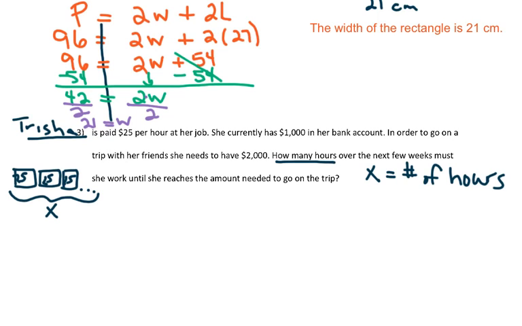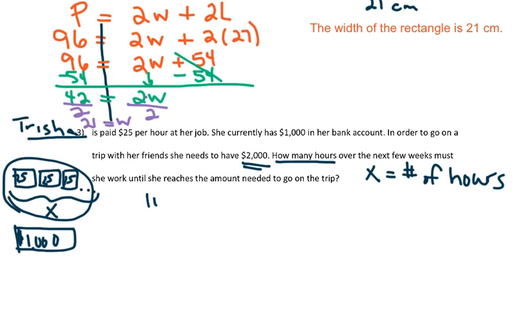And she currently has $1,000 in her account. So this $1,000 bill, let's pretend that there's a $1,000 bill. Okay, so she already has that. She adds on to that the $25 every hour she works, and she has to end up with $2,000.